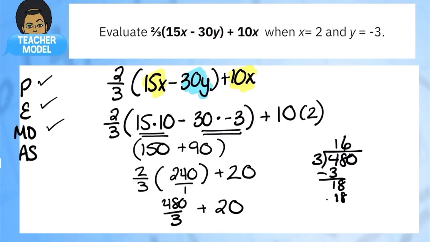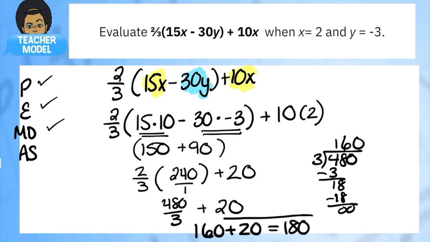There we go. And I get 160. So 160 plus 20 is going to give me 180. And there we are, all the way at the end.